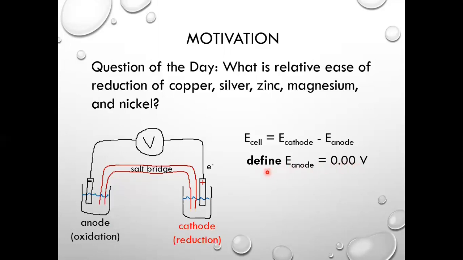So if I make those two restrictions, use the same anode and define the anode potential as 0.00 volts, then the cell potential, what I can actually measure, is equal to the reduction potential at the cathode. Keep in mind, though, that the numbers we actually determine, the potential at the cathode, are all relative to, by definition, a 0.00 volt potential at the anode.